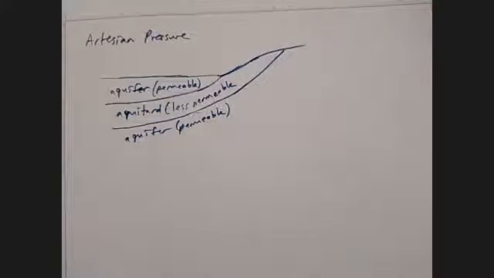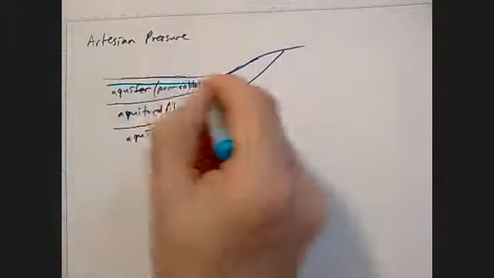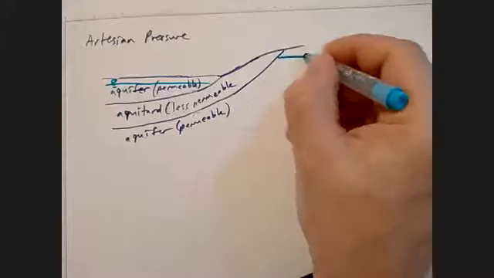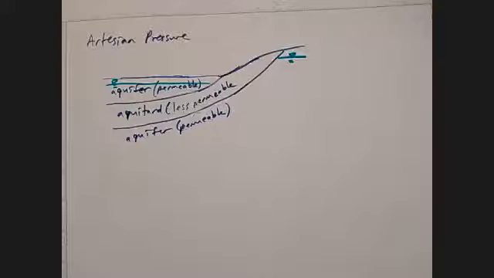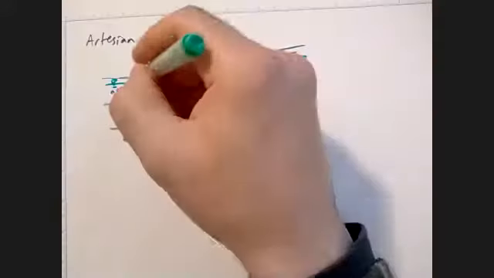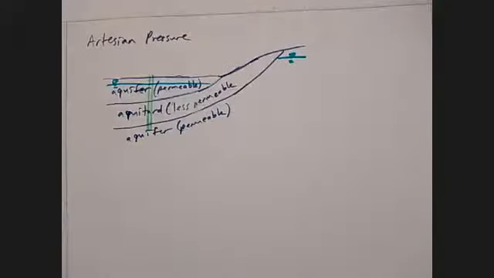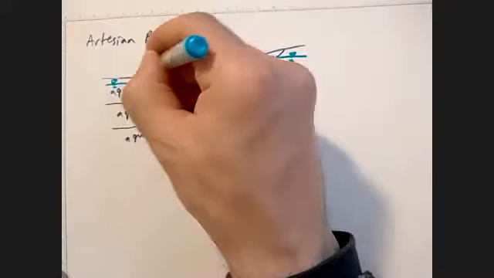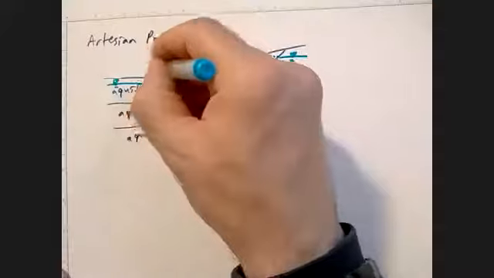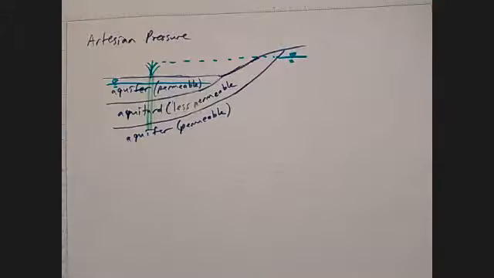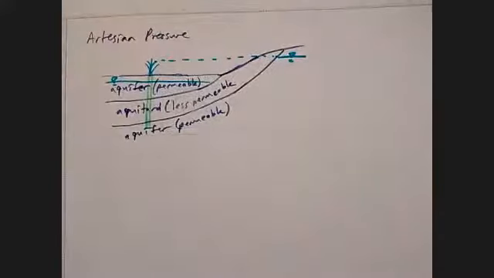And inside these, if you have different levels of water or different water heads, then if you go ahead and drill a hole into the lower aquifer, you'll end up with water squirting out because it's under pressure.